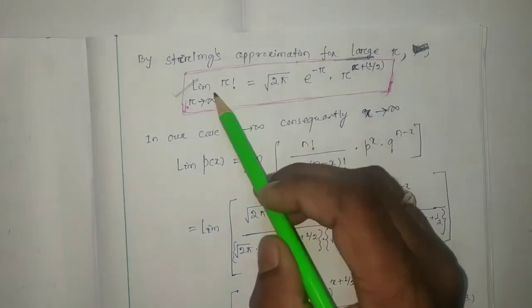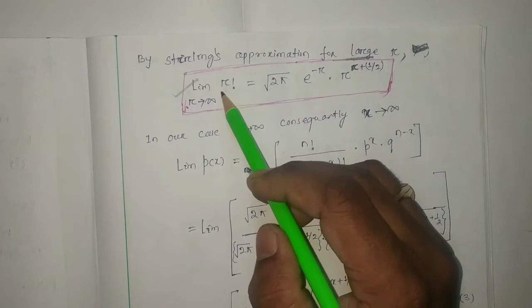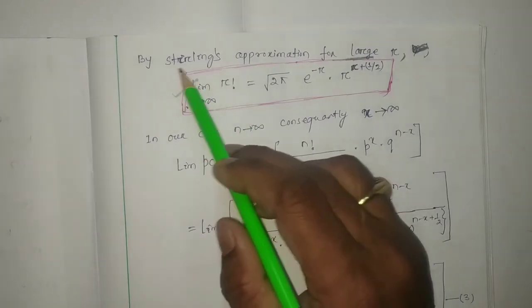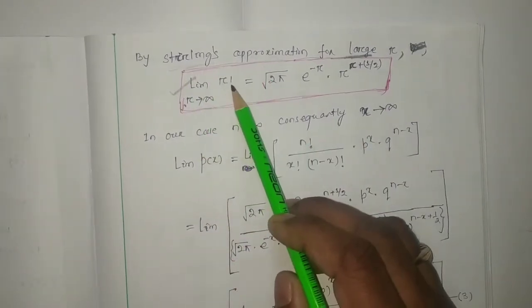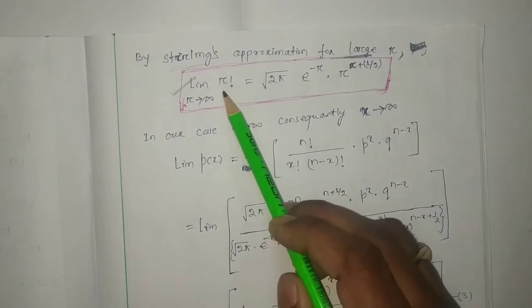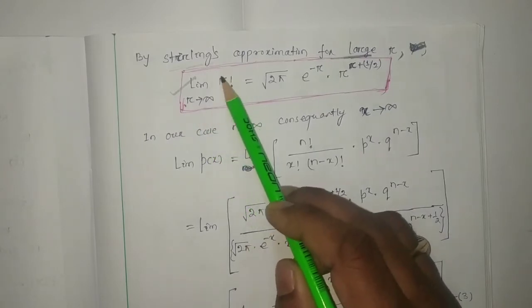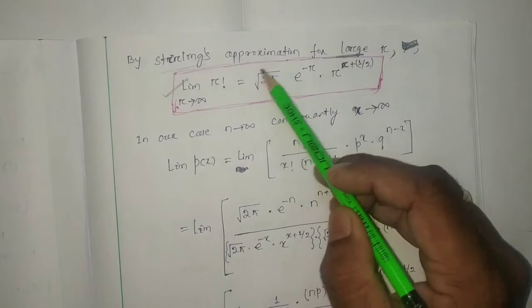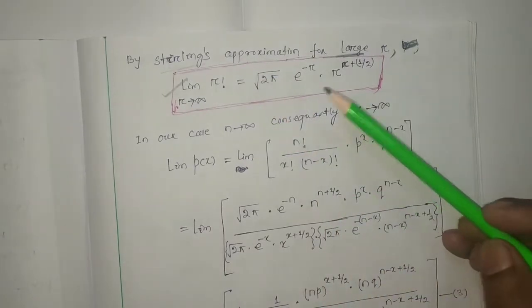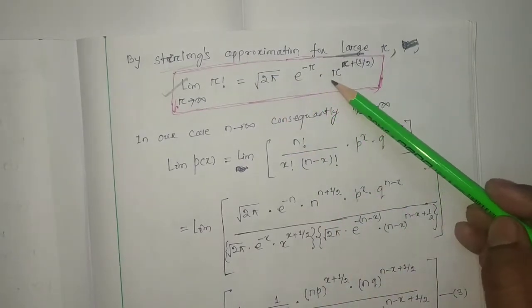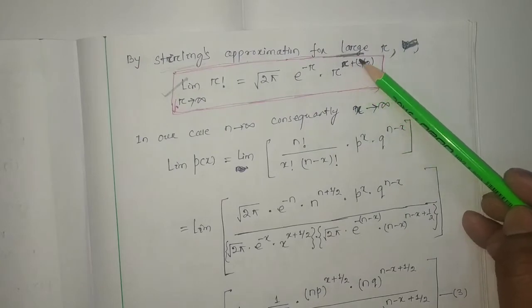So here it is written that according to Stirling's approximation, if r is large, that means if r tends to infinity, then r factorial will be root over 2 pi, e to the power minus r, into r to the power r plus 1 by 2.